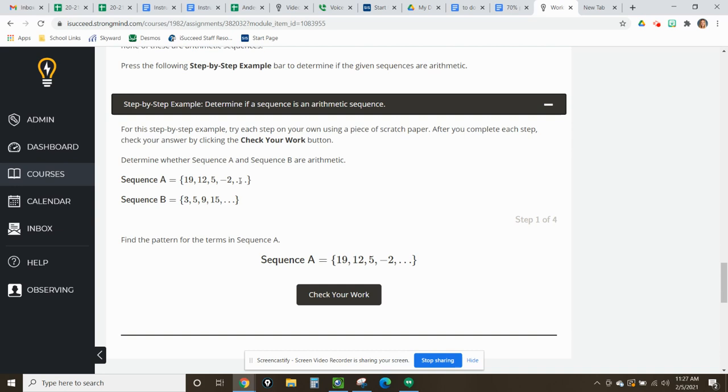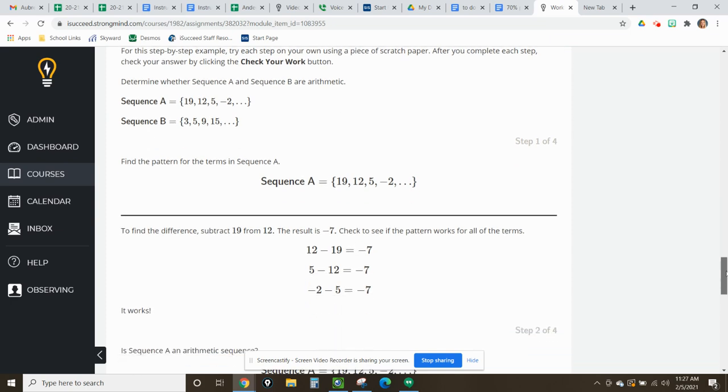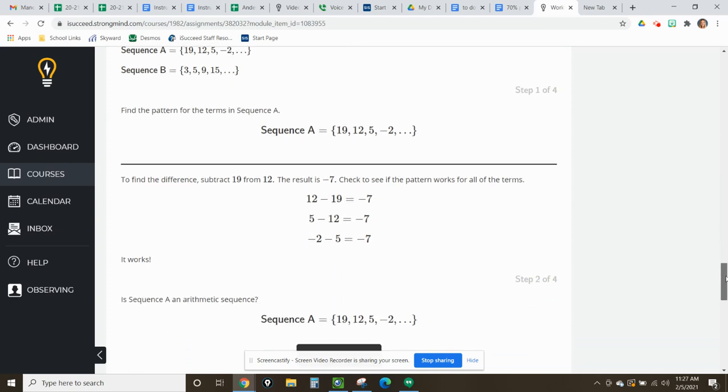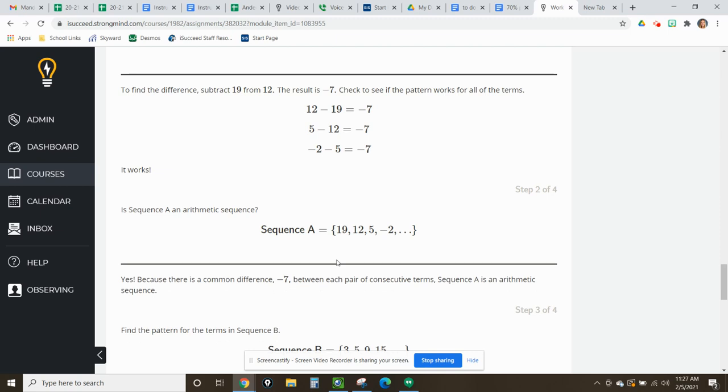To me, it looks like sequence A is correct. Find the pattern for the terms in sequence A. I'm saying it's subtracting 7, and they agree with me. Is sequence A an arithmetic sequence? Since it's subtracting 7 every time, we're going to say yes, it is. And they said yes also.